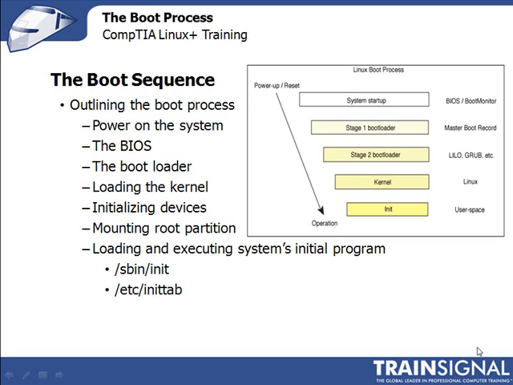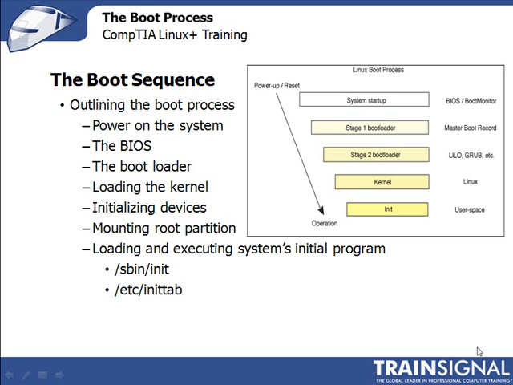It initializes devices, mounts the root partition, and then loads and executes your system's initial program. This is typically /sbin/init, but can vary depending on your distribution. sbin is another Linux system directory that we'll cover in a later lesson.